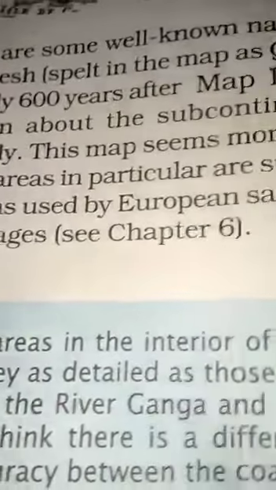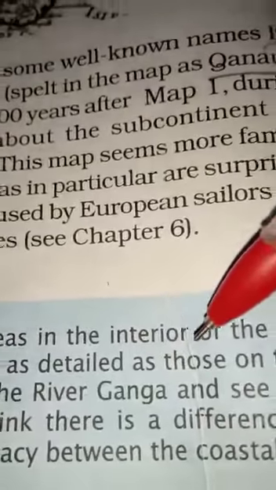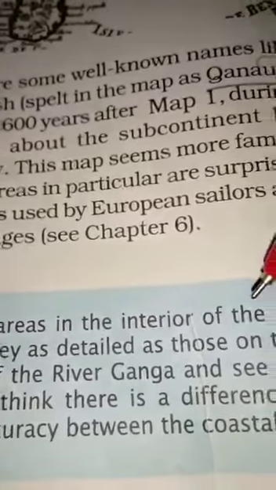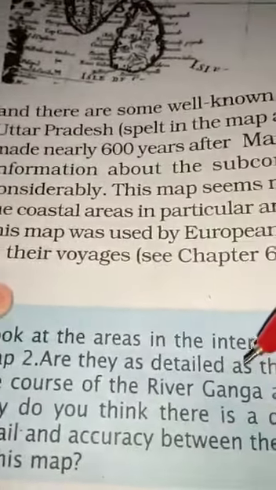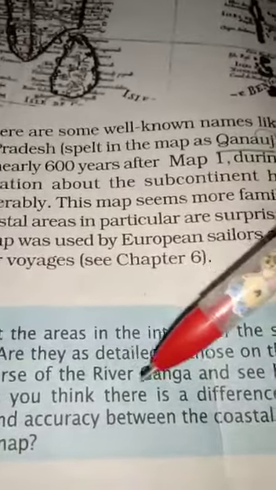In the box in your textbook, look at the areas in the interior of the subcontinent. On map 2, are they as detailed as those on the coast? Follow the course of the river Ganga and see how it is shown. Why do you think there is a difference in the level of detail and accuracy between coastal and interior areas in this map?